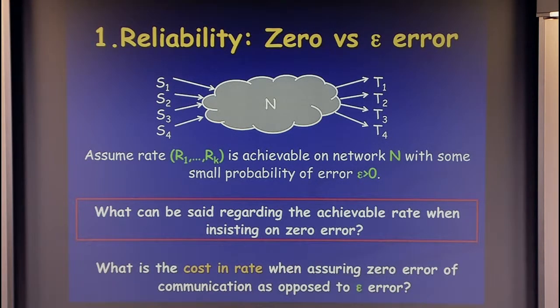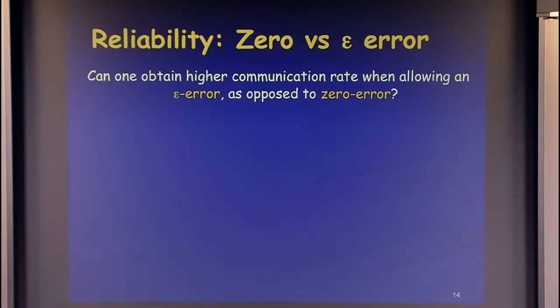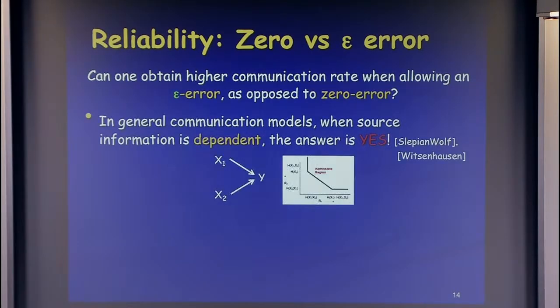So again, what is the cost in rate that I have to pay when I want to make sure that I'm communicating at 0 error and not at epsilon error? So in general, if one asks, can I obtain a higher rate of communication when I'm allowing epsilon error as opposed to 0 error, the answer in general networks, noisy networks in particular, is going to be yes, epsilon error helps.